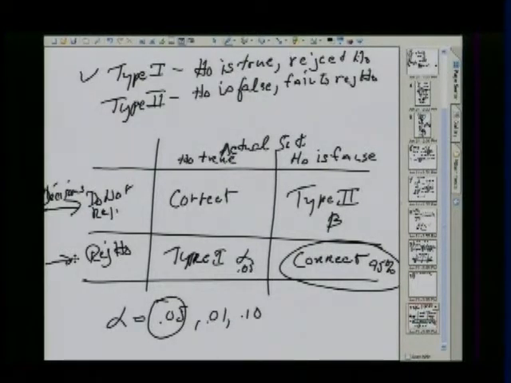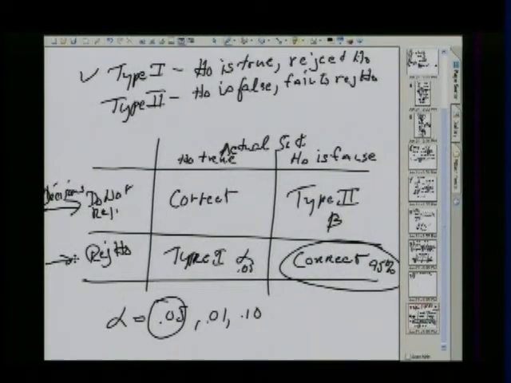Now, type 2 error, we don't set the level for the type 2 error. It is determined by the sample size and the size of the type 1 error that we have. So, if this value is 0.05, the type 2 error is going to be determined by the sample size and the size of my type 1 error. The problem with the type 2 error is, remember the definition, the null is false, but I failed to reject it.